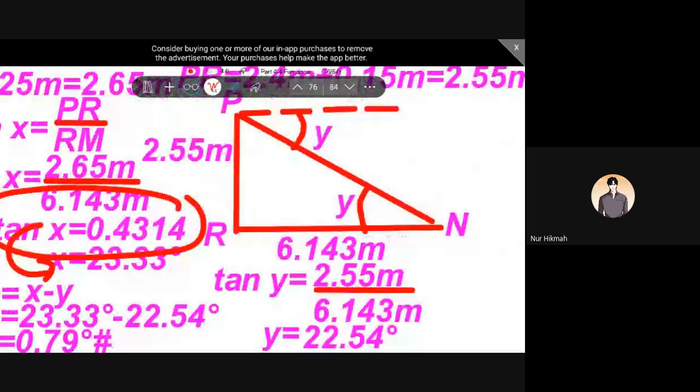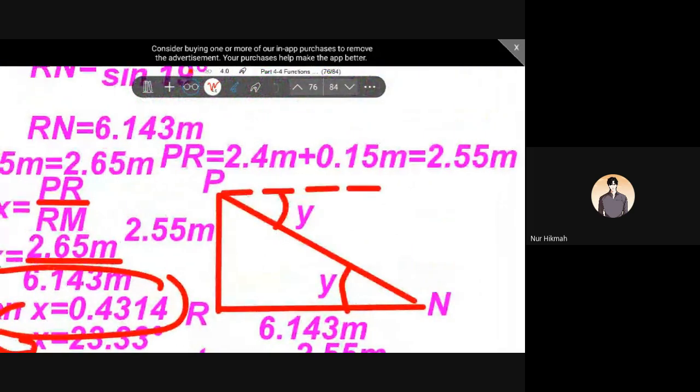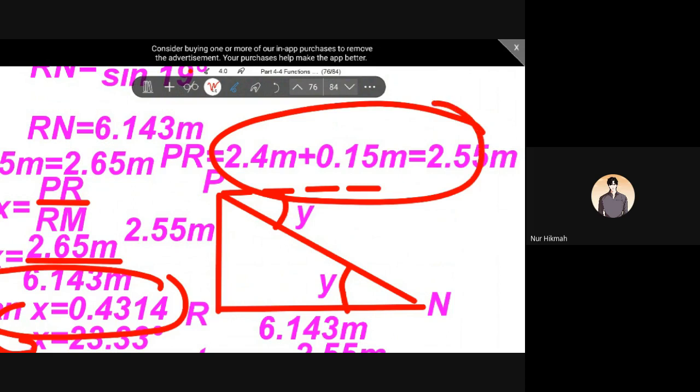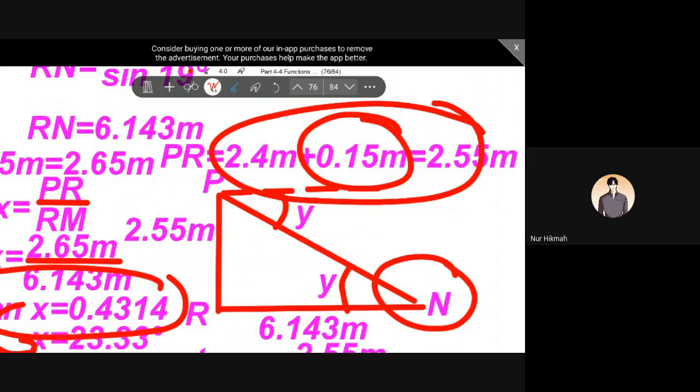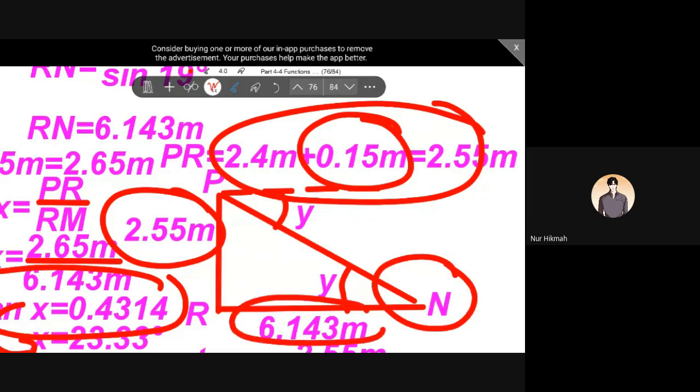23.33. So, ada satu lagi part juga. 2.4 meter, dia juga cakap kalau point N dia lompat 0.15 meter kat soalan. So kamu kena tambah juga. Sama cara. So kamu dapat 2.55. You get 2.55. And then Rn length is 6.143. Jarak Rn 6.143. So sama saja guna tangent because opposite over adjacent.